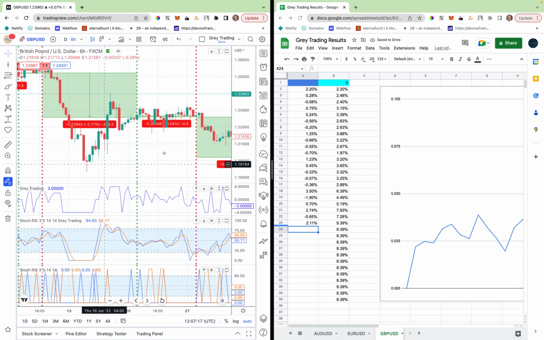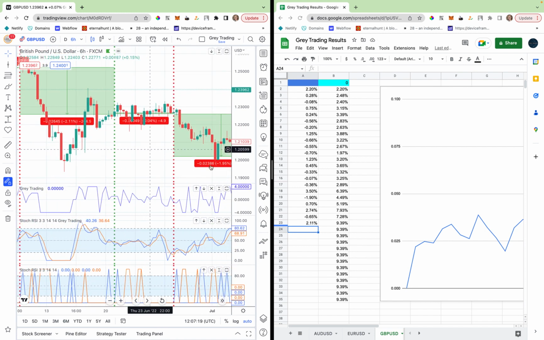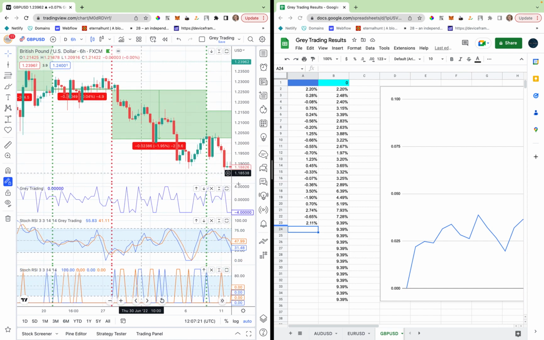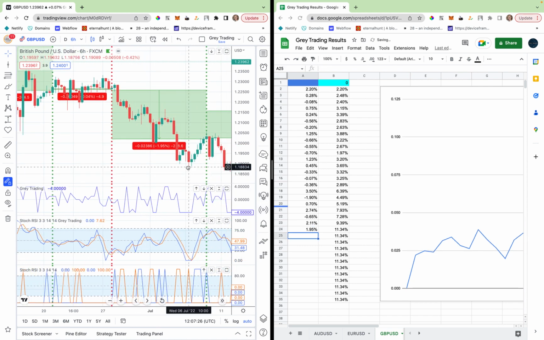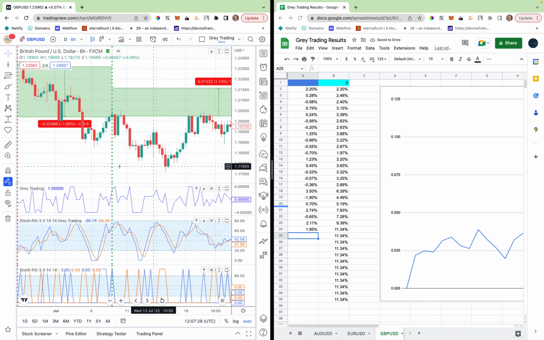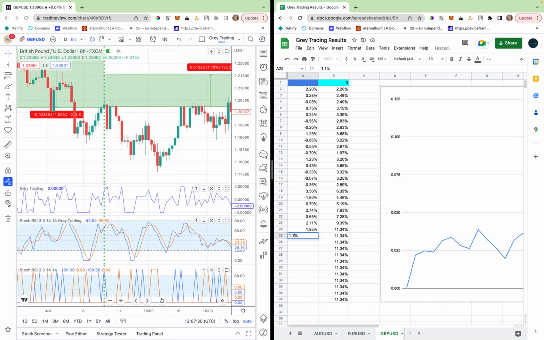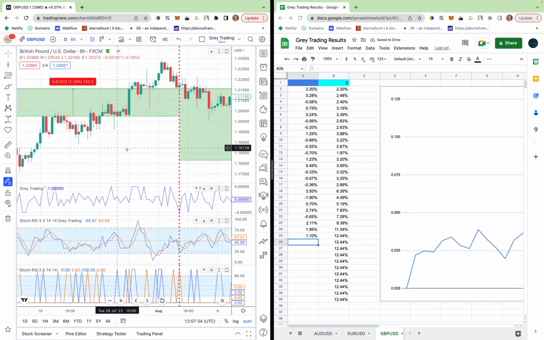So we're about 10% for the year. That's over 1,000 pips. And we're about halfway in the year, so it looks like it's going to perform similar to the euro USD, which is about 20% per year.